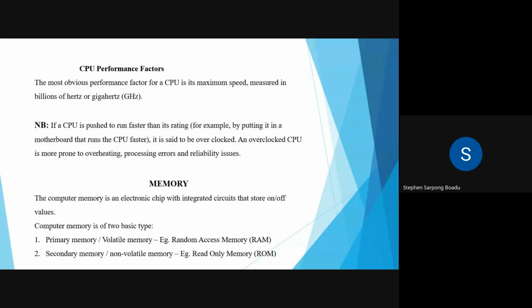The most obvious performance factor for a CPU is its maximum speed, measured in billions of hertz, or gigahertz. When you say 1 gigahertz, you're talking about 1 billion cycles per second.